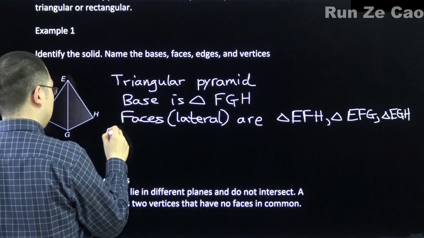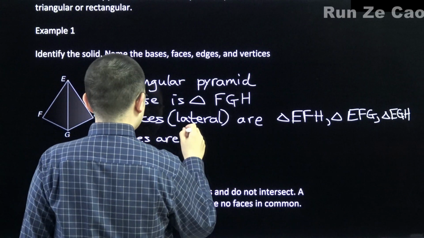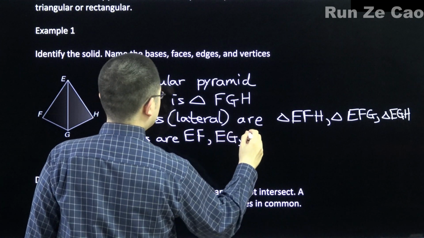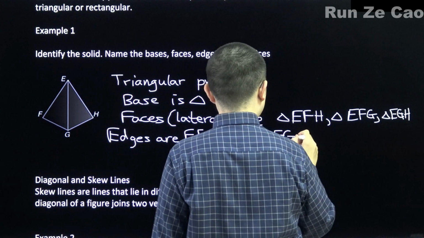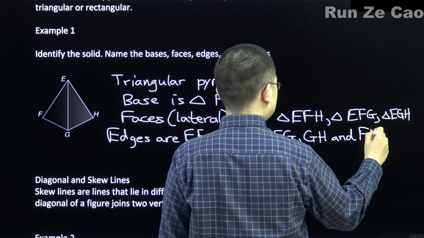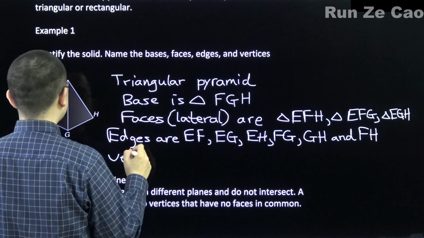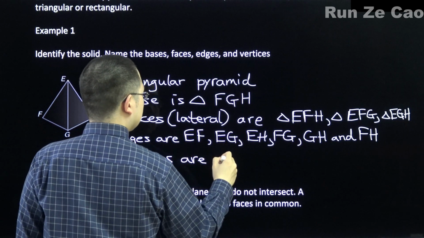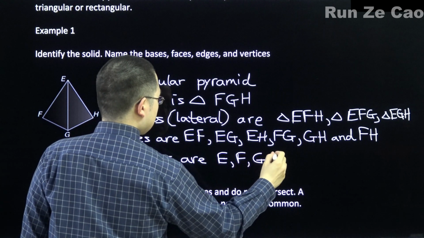Okay, the edges are EF, EG, EH, FG, GH, and FH. The vertices are E, F, G, and H.